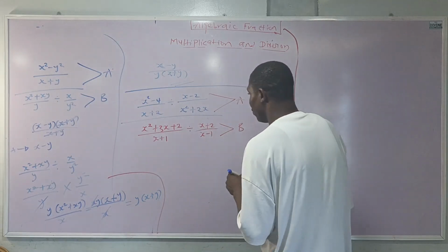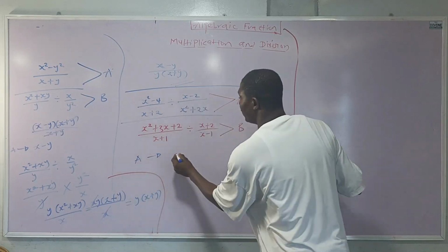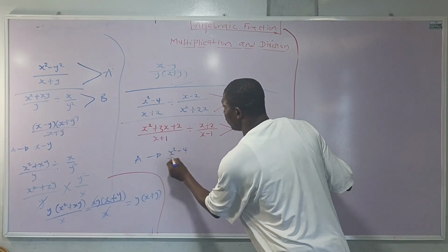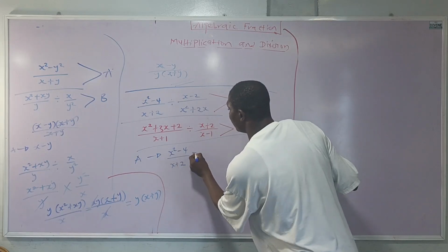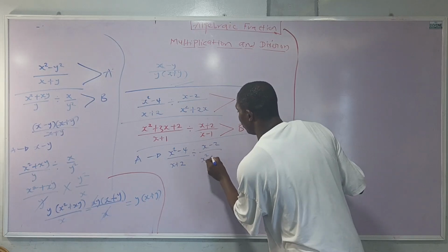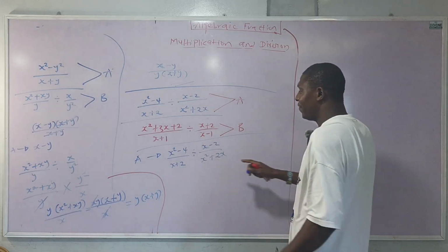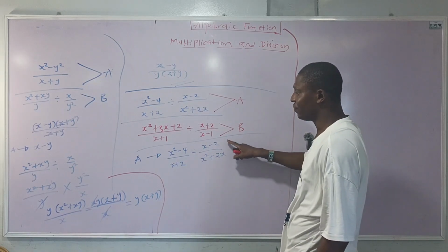Now we have to resolve everything relating to A as a single term. So our numerator, which is A, gives x squared minus 4 all over x plus 2 divided by x minus 2 all over x squared plus 2x. The first thing is to convert this division to multiplication and interchange this right-hand fraction.